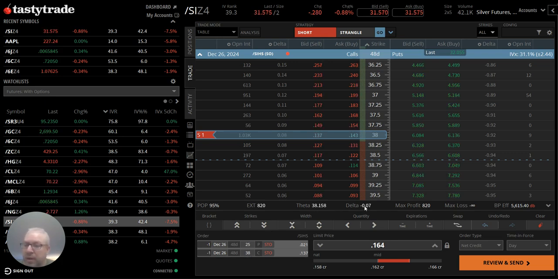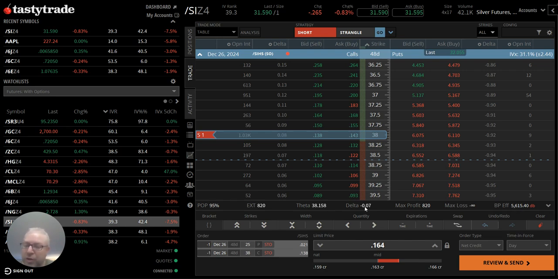Delta neutral option strategy means, look at this, delta is negative 0.07. It's neutral. Silver can't be in both directions at one time. You're not gambling that silver will jump up, and you're not gambling that silver will drop down. You're making an educated guess that silver will go between those lines, not to the upside, not to the downside.